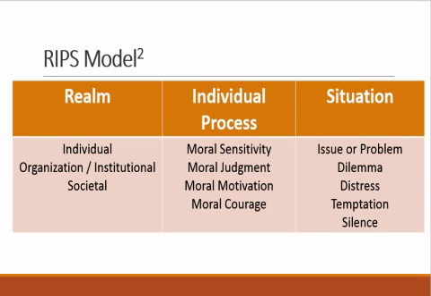When you're talking about moral motivation, this is when there's a priority of ethical values over values such as self-interest or financial gains. So if you're making a decision and you have poor moral motivation, you may not do what's right for the entire situation, but you may be doing something that is based only on your self-interest.